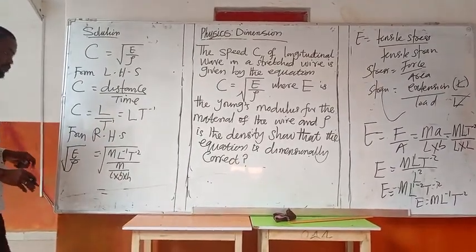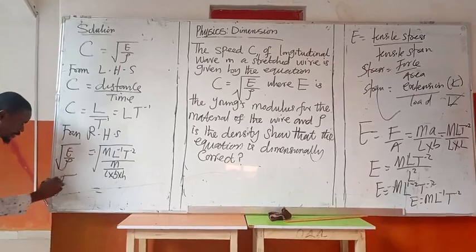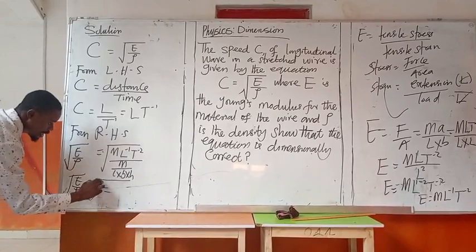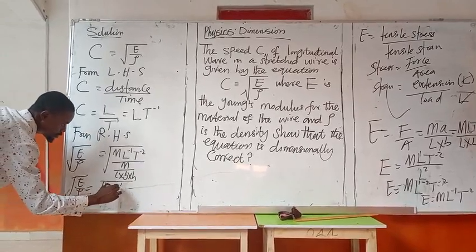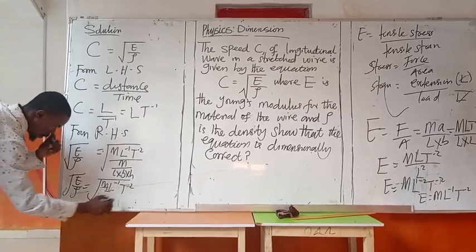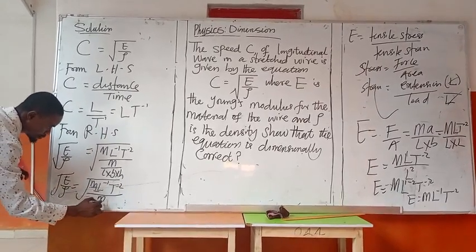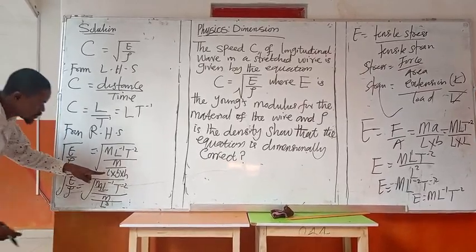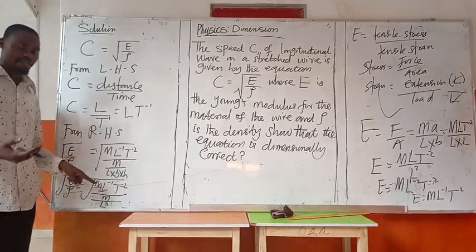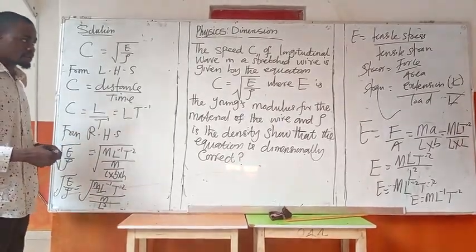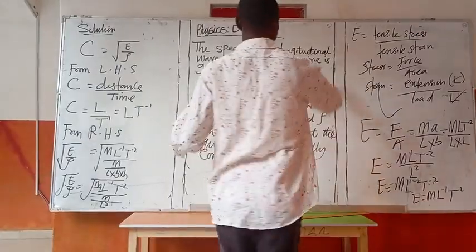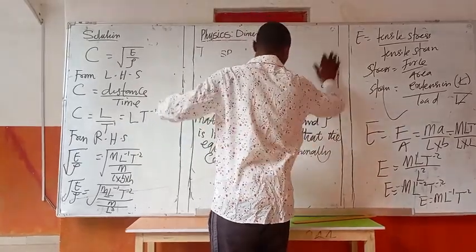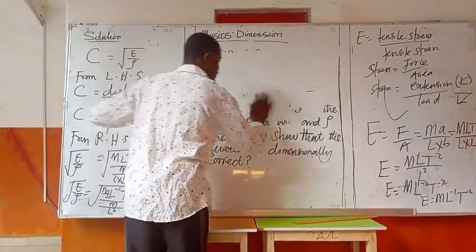Which means that the square root of E all over rho is equal to the square root of M L minus 1 T raised to power minus 2 all over M over L raised to power 3, because the dimension for length is L, for breadth is L, and for height is also L. So I'll clean this side so that I can continue from here.